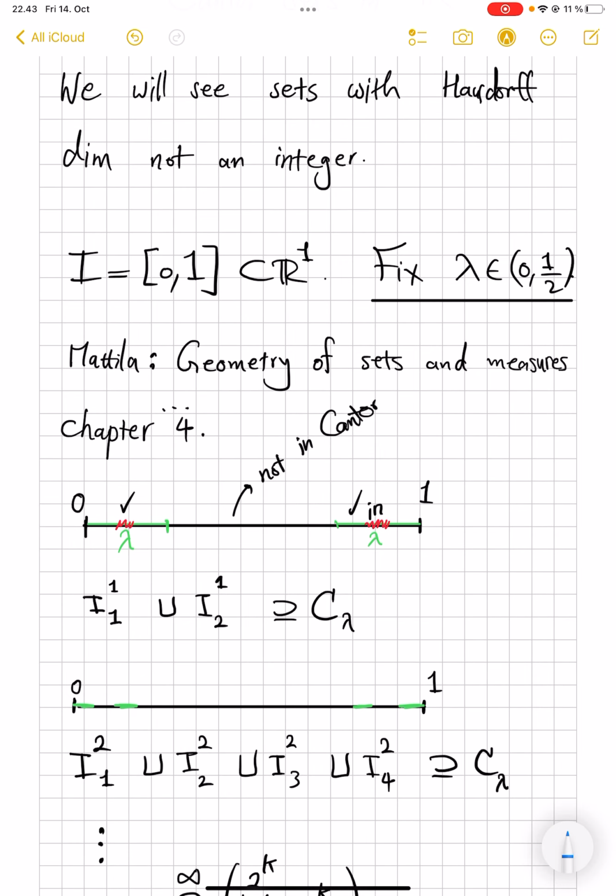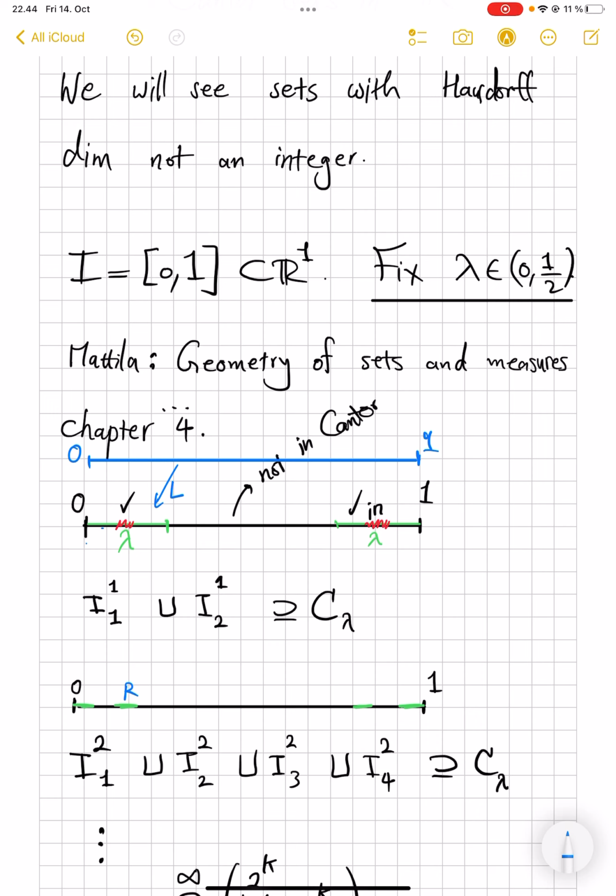So initially you had the full interval 0, 1, and then the first subdivision puts you in one of these 2 intervals, so you can go to the left, for example, and then in the next level this gets divided into 2 parts, so you can choose, for example, right.